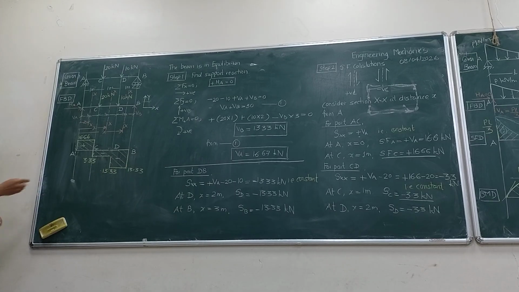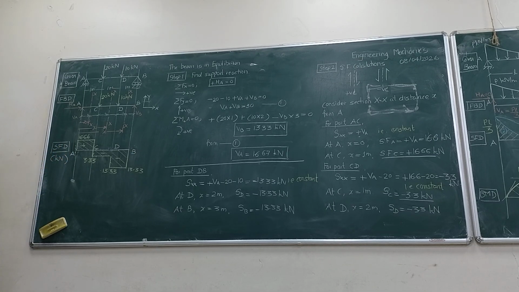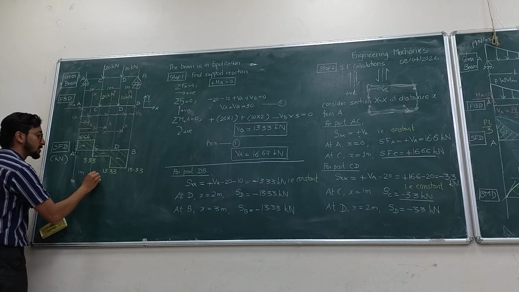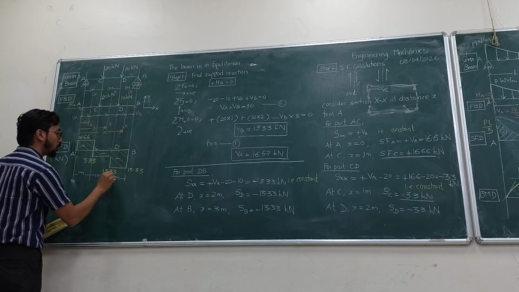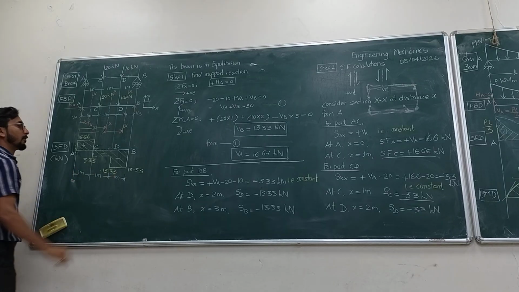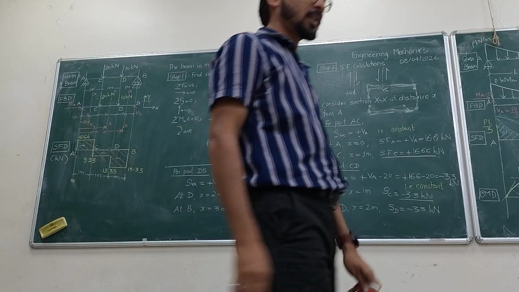You have to write that it is the shear force diagram, and in bracket mention that it is in kilonewton, and also show the distances 1 meter, 1 meter, 1 meter. Very much important. This is your shear force diagram.